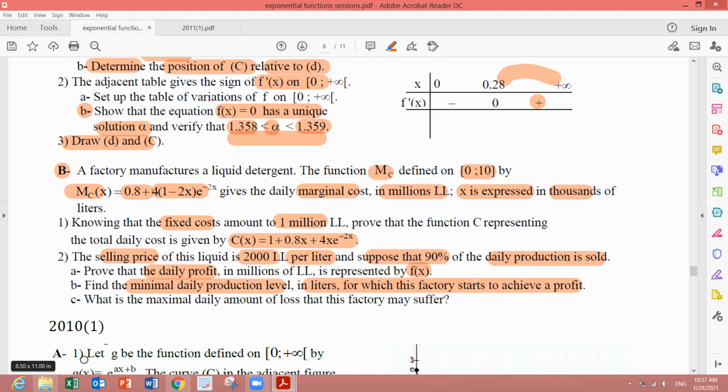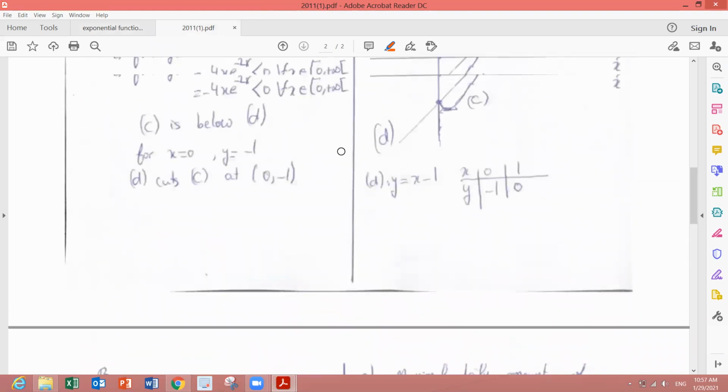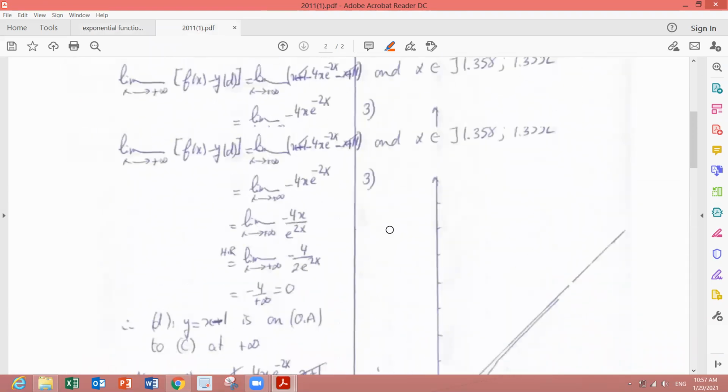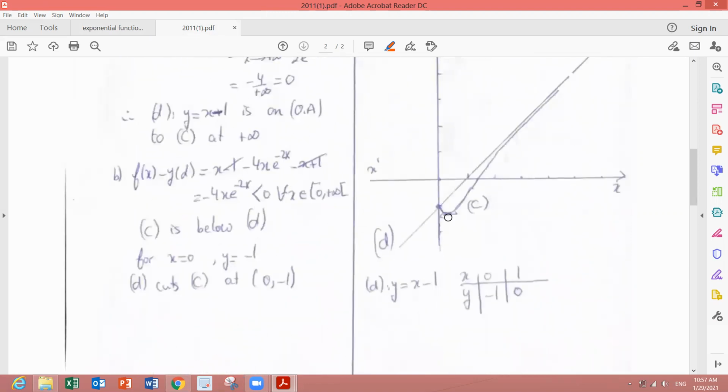In which case we will start to get a profit. The profit is f(x), right? To have a profit, P(x) must be positive. On this graph, where does P(x) start to be positive?